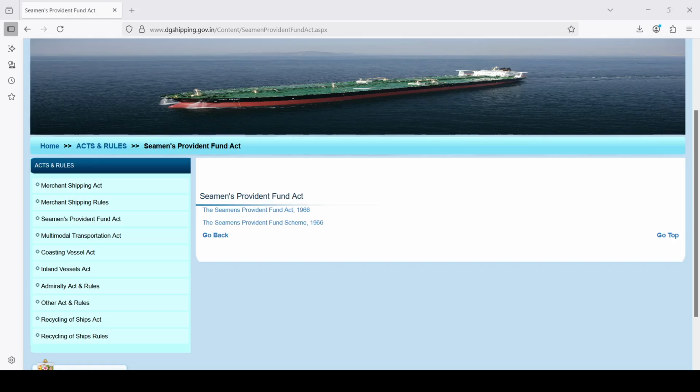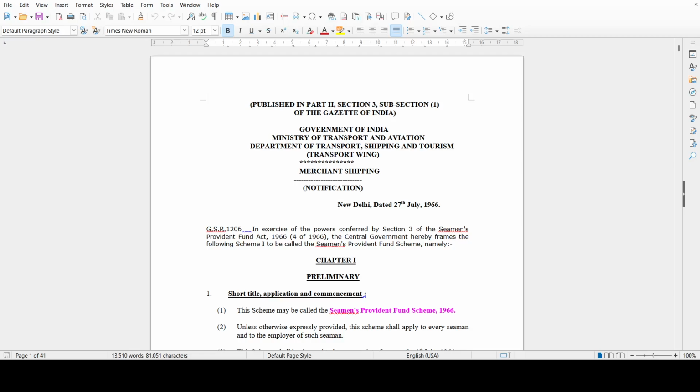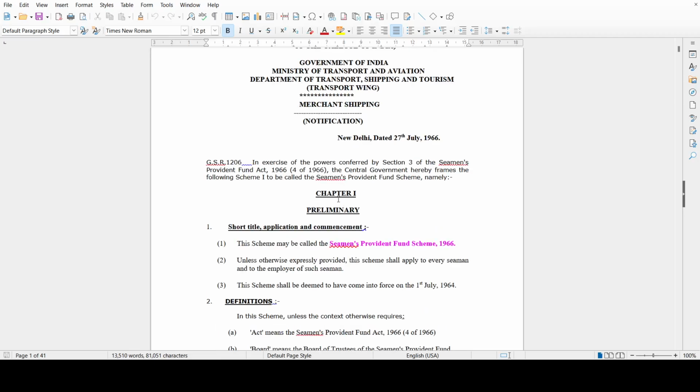Once you open that page, this page is quite big, and this page consists of every bit of information regarding Seaman's Provident Fund. Like you can see, there are many chapters, and here we're not going to read all the chapters.